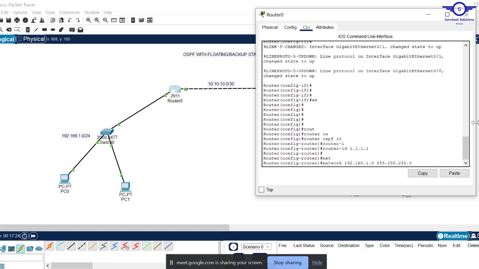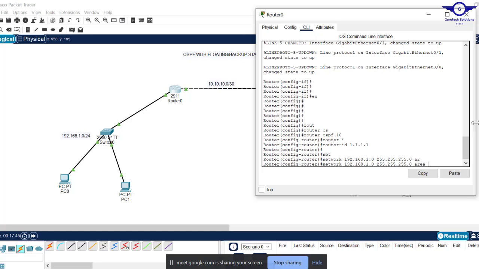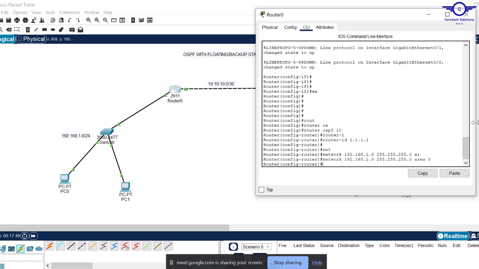As of now, we will be using area 0. You can use area 1, 2, 3, 4, 5, but area 0 must be present in any network because area 0 is the backbone area. So in every network that we're going to configure, you have to include area 0. Area 0, and you hit enter.